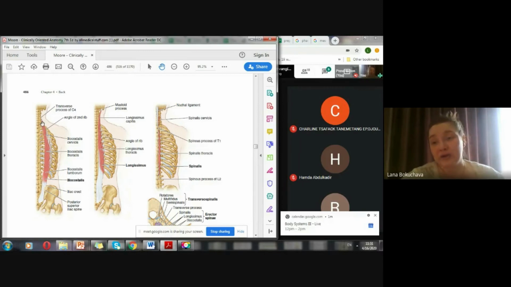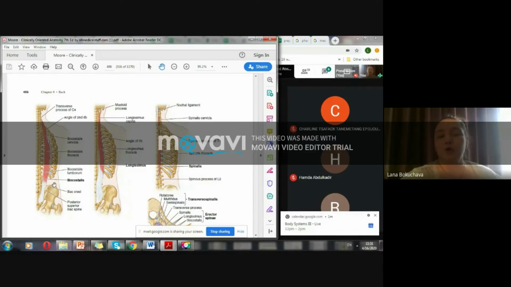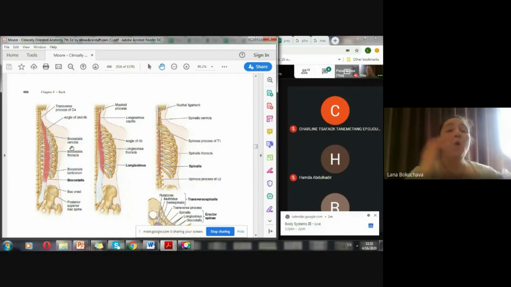As a result, according to the distal attachment, we can subdivide these muscles into several parts. And we can say that we have iliocostalis lumborum. As you can see here, we even have a nice designation of that. Iliocostalis thoracis and iliocostalis cervicis, according to where we do have the distal attachment.